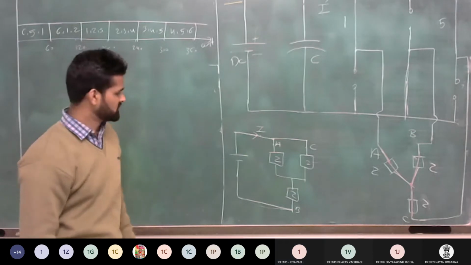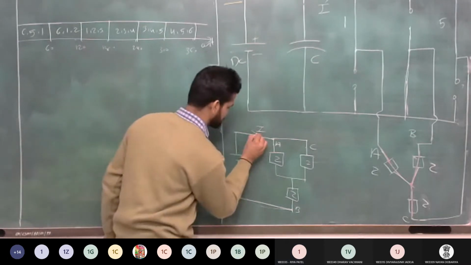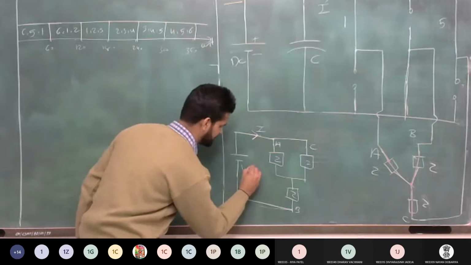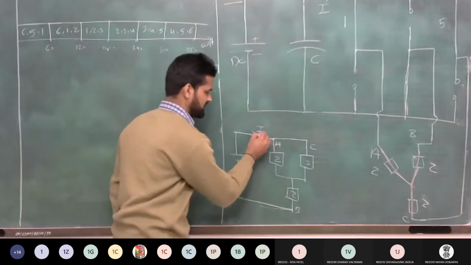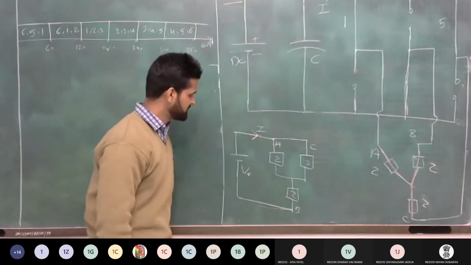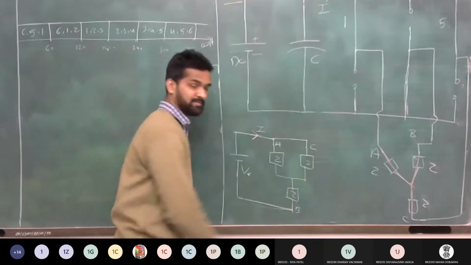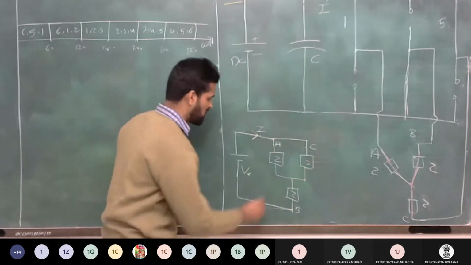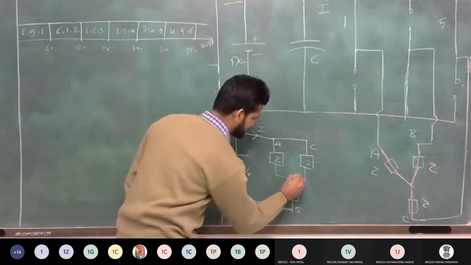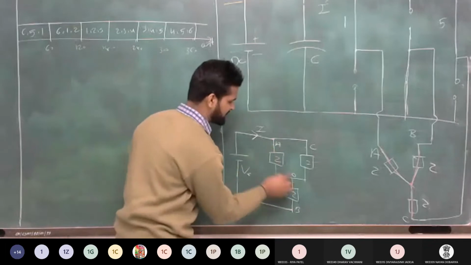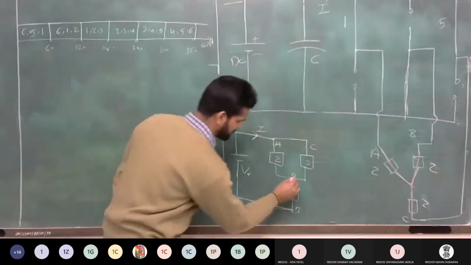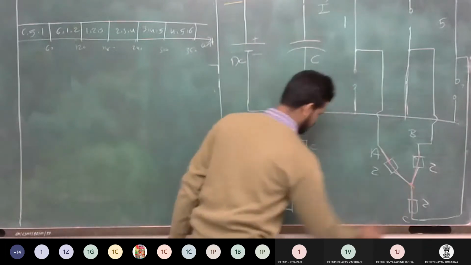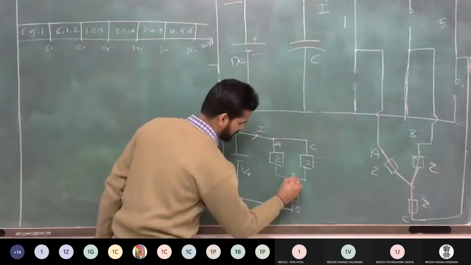Yes, sir. Okay. So here, suppose your supply DC voltage is Vs and supply current is I. Each phase has impedance Z. So how much voltage do you get between phase A and the neutral point? This is a neutral point because it is a star connected load, so this O is the neutral point.